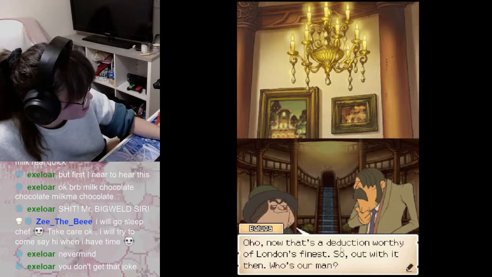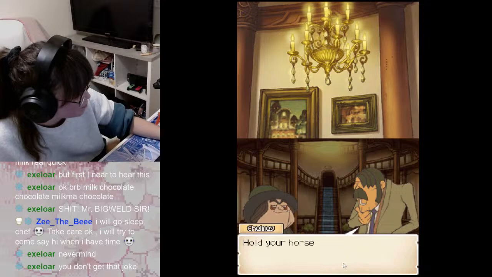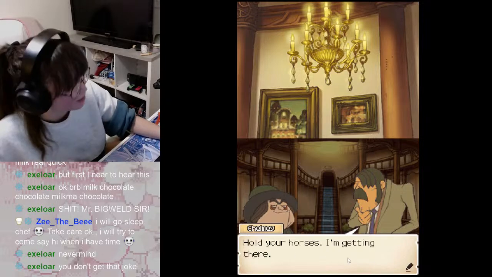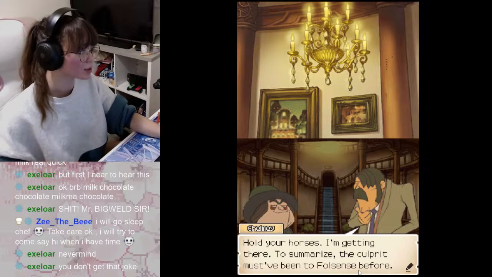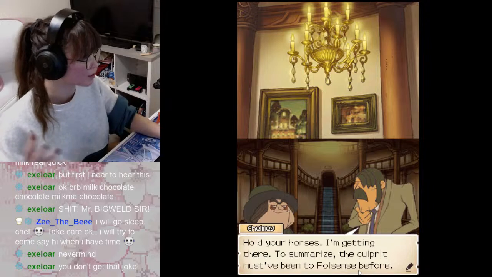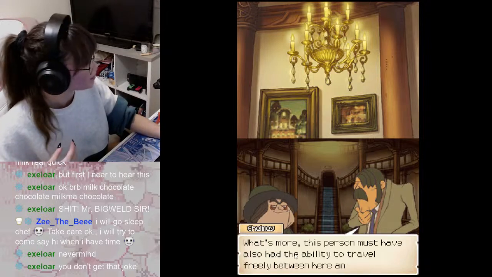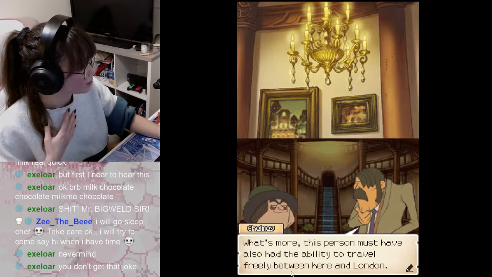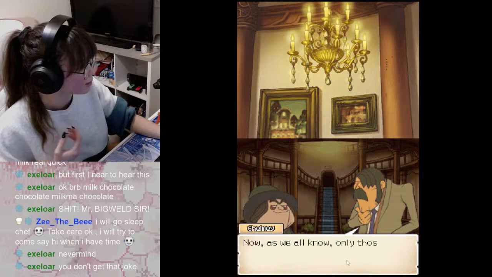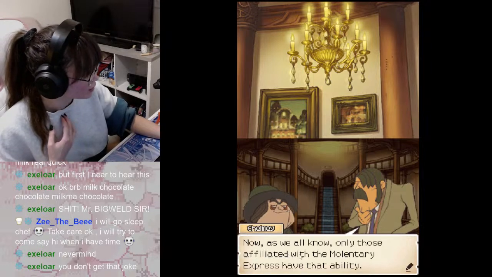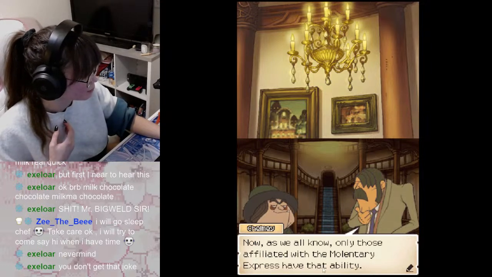Oh, now that's a deduction worthy of London's finest. So, out with it then. Who's our man? Hold your horses, I'm getting there. The culprit must have been to Full Sense before. What's more, this person must have also had the ability to travel freely between here and London. Now, as we all know, only those affiliated with the Voluntary Express have that ability.